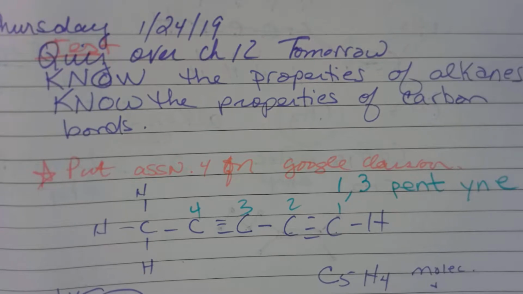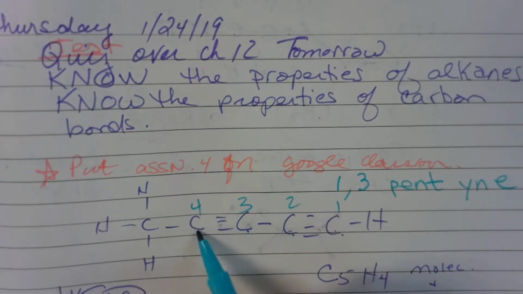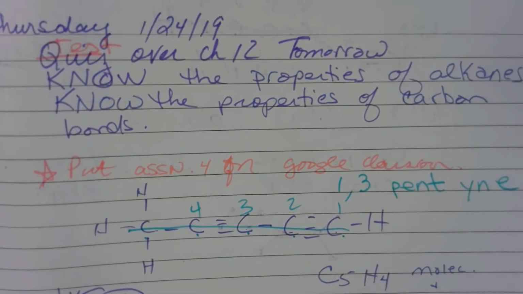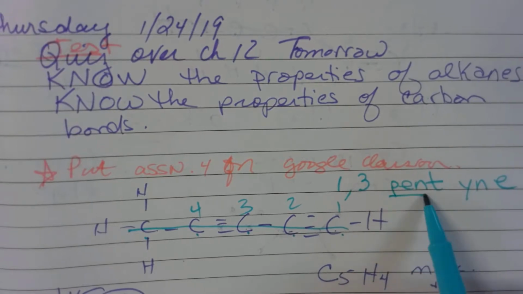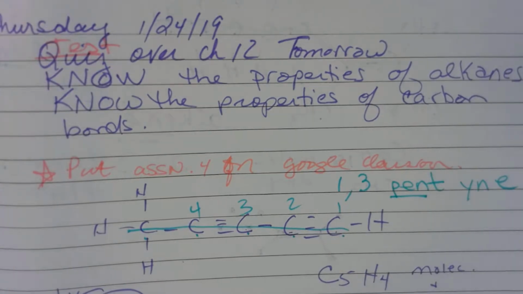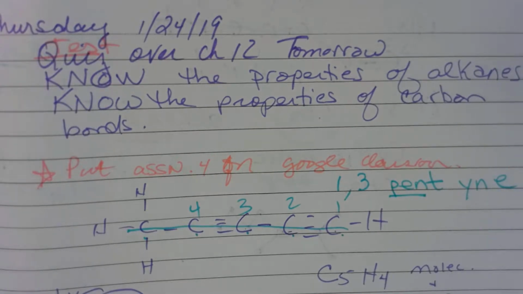I thought you wanted the longest chain, so why would you start with this triple bond? Well, okay. The longest chain is 1, 2, 3, 4, 5. This is our longest chain, right? And our only chain in this case because it's not branched. So that's where the pent comes from. Now, when I number, I have to number so that my substituents or whatever it is I'm trying to point out, in this case, I have to show whoever's trying to make the model or draw the model where my triple bonds are.